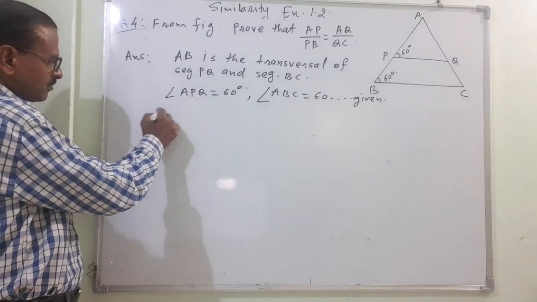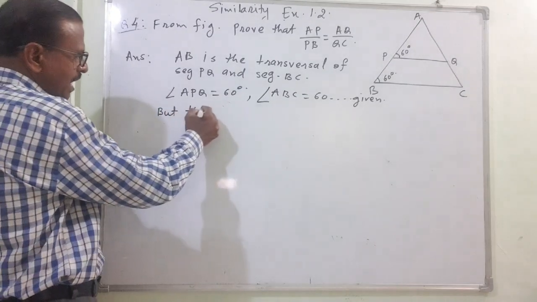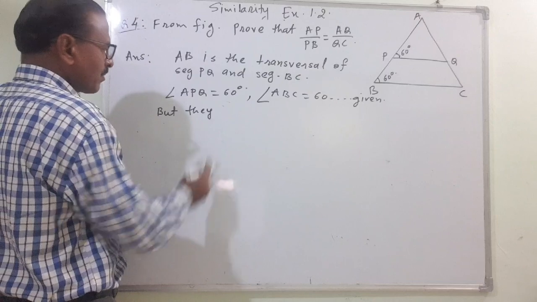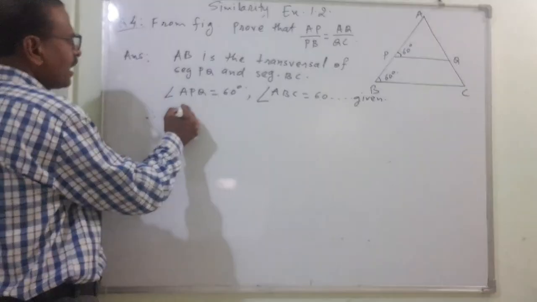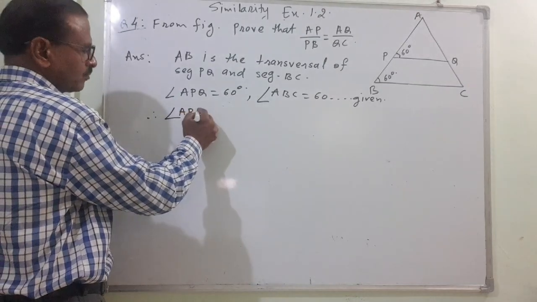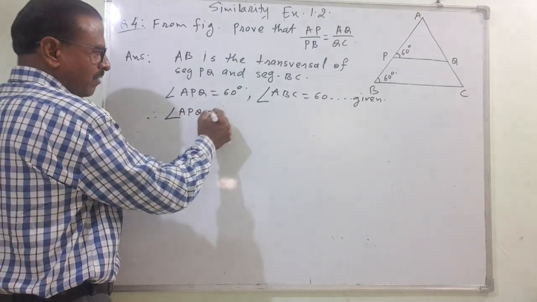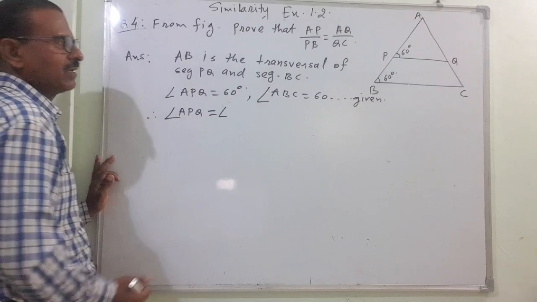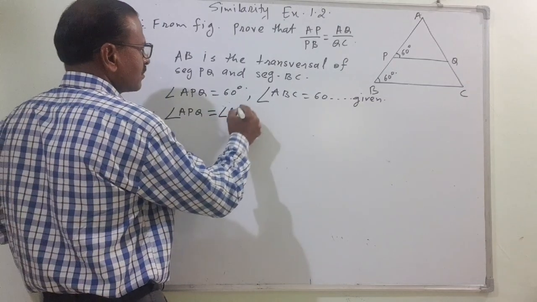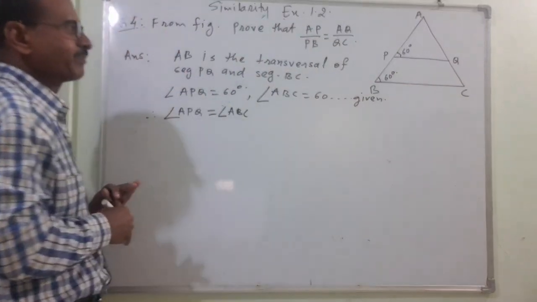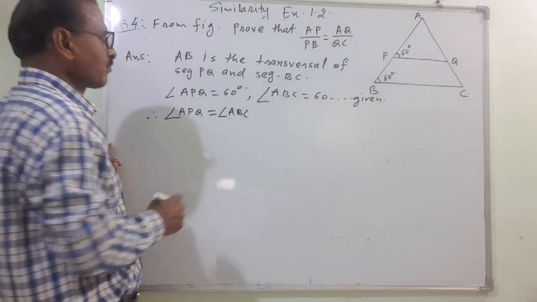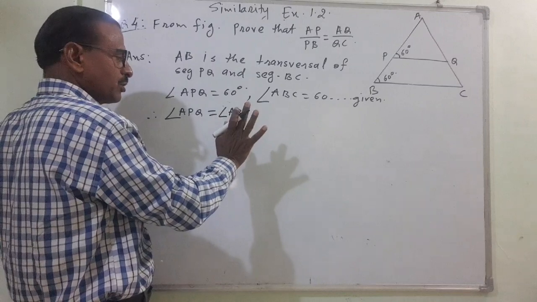But they are corresponding angles. First of all, we will write. Therefore, angle APQ is equal to angle ABC. You can say PBC also, no problem. Understood this?